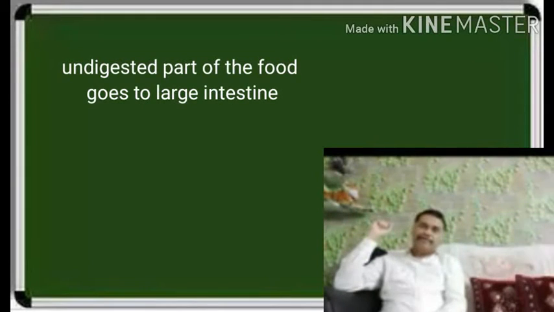What happens to the rest, which is not absorbed, that is, you can say, the useless part or undigested part of the food?